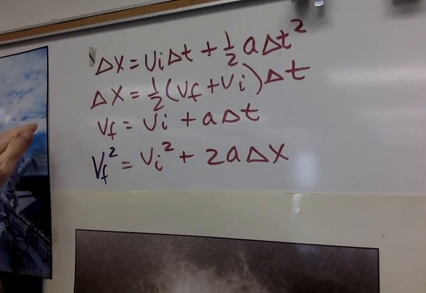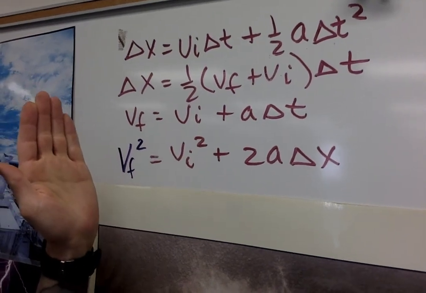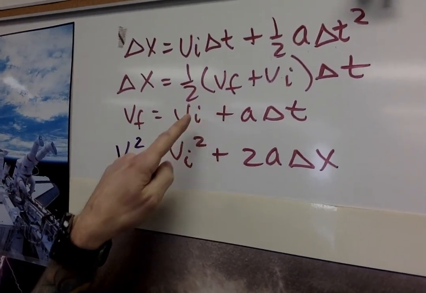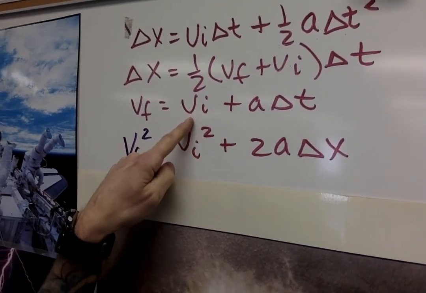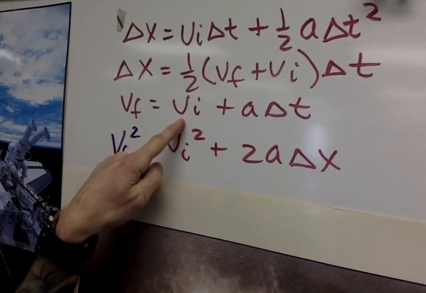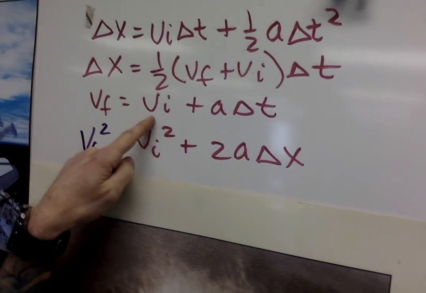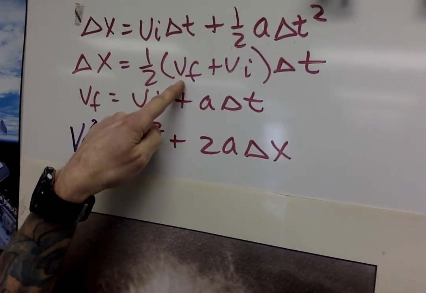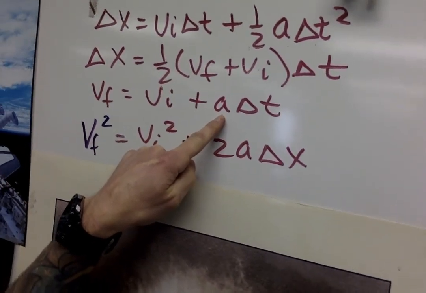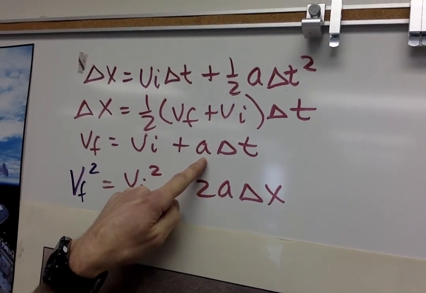X would be horizontal, y would be up and down. And maybe instead of just VI and VF, maybe we should differentiate and say that's in the y dimension. So VYI and VYF. And instead of just A, it's a very specific kind of A right now.